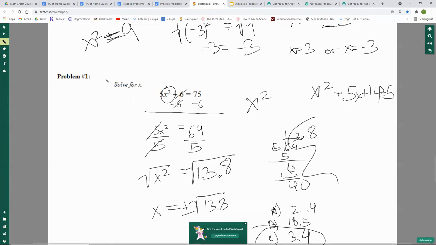But when we have a problem where it's just x squared, without an x to the power of 1, and just a couple numbers like 6 and 75, we can look towards radicals to solve these kinds of problems for us. So whenever I see problems with only an x squared, no singular x, and the rest is just constants, I'm looking to radicals to help me solve the problem.